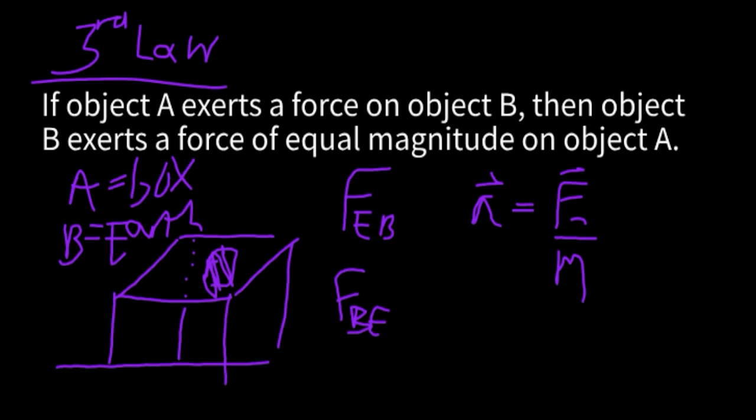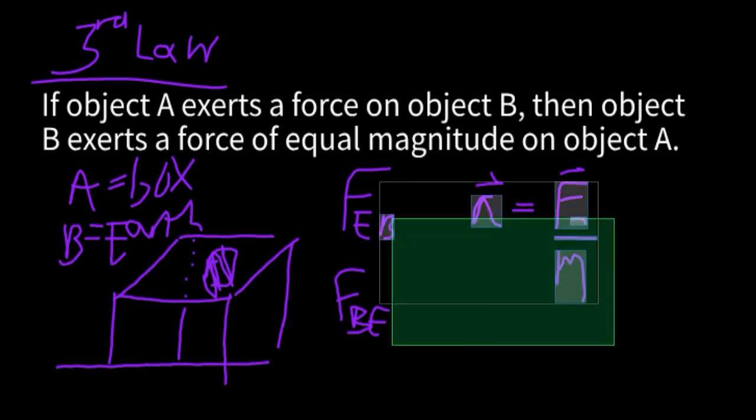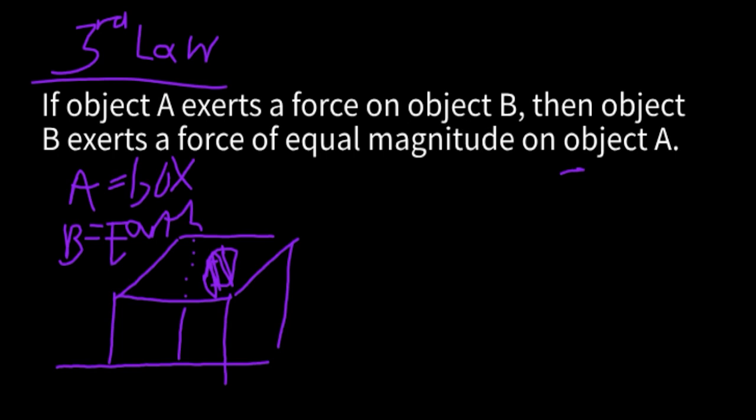Anyway, let's look at some more practice with these subscripts. So let's say we have the force of the table on the box. What is the reaction force to that? Think about it. Switch the subscripts. The reaction force to the force of the table on the box is the force of the box on the table.